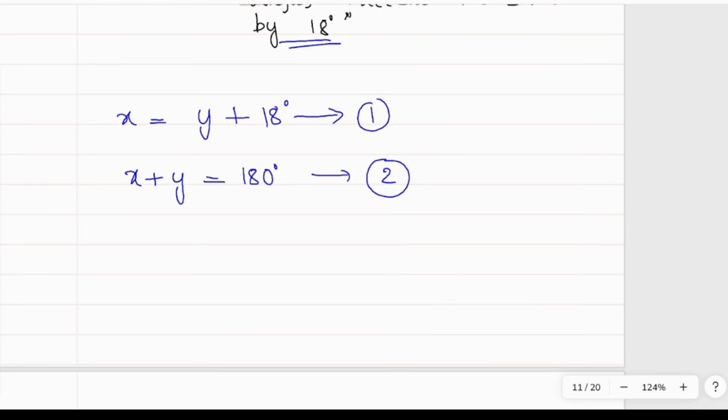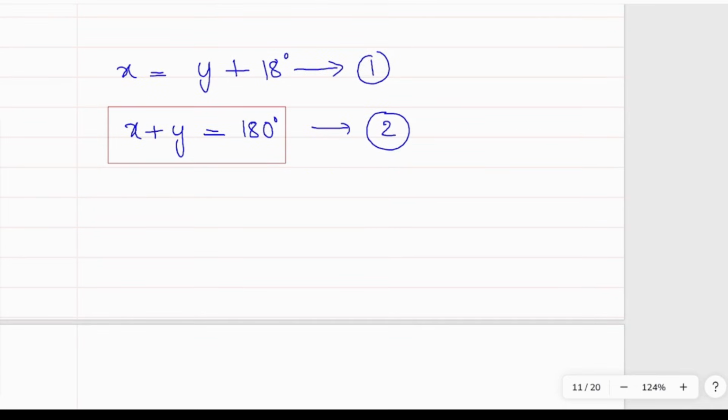I will substitute x equal to y plus 18 in the second equation. That is, in place of x I substitute y plus 18: y plus 18 plus y equal to 180 degrees, right?